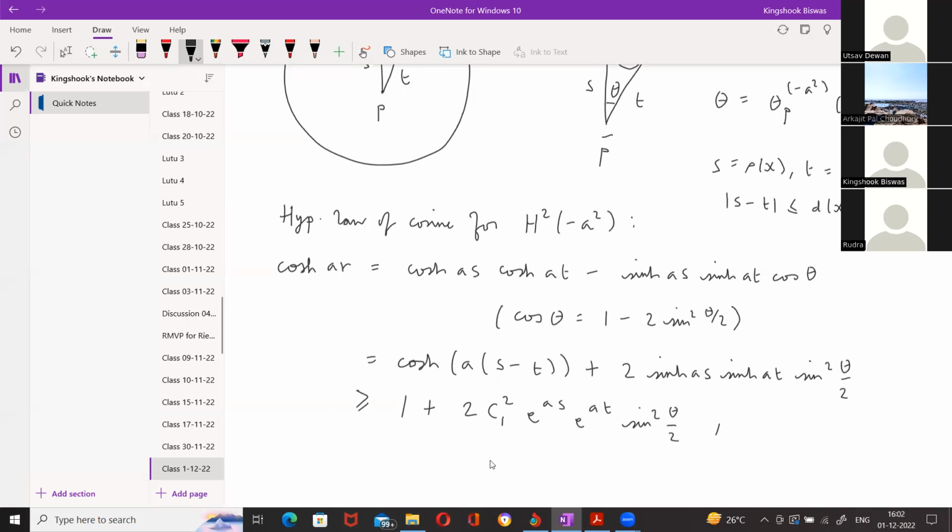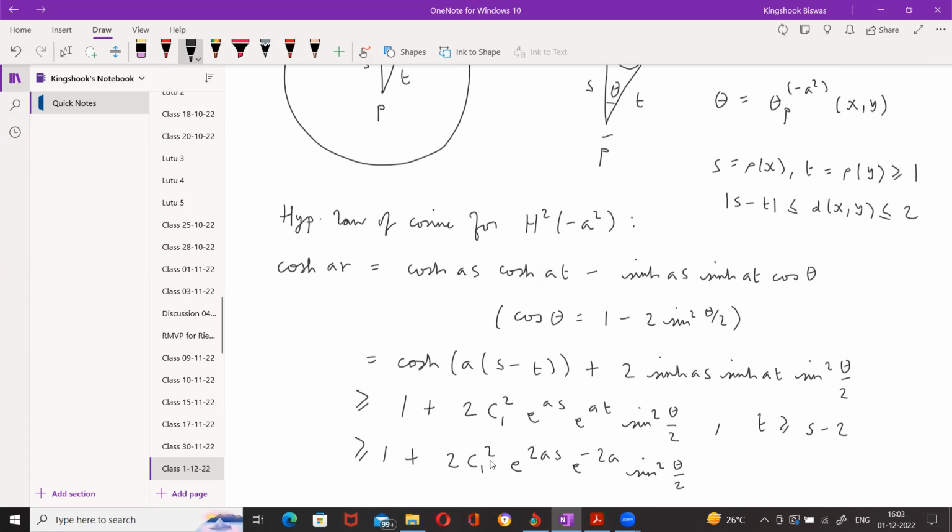So that means T is bigger than S minus 2. So if I substitute that here, then this is bigger than 1 plus 2 times a constant squared times e to the 2AS e to the minus 2A sine squared theta by 2.